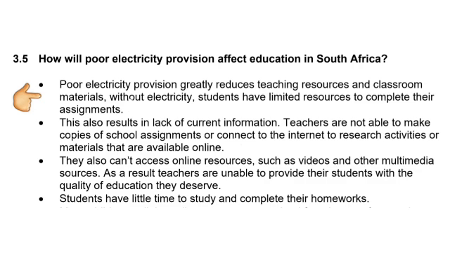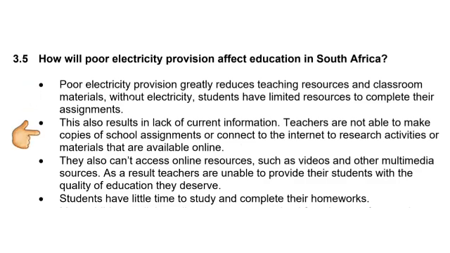So in point 1 we said poor electricity provision greatly reduces teaching resources and classroom materials. Without electricity, students have limited resources to complete their assignments. So things like computer labs in schools are going to be hard for them to use. Things like smart boards in schools are going to be hard for them to use. So it basically reduces the teaching resources that we are using.